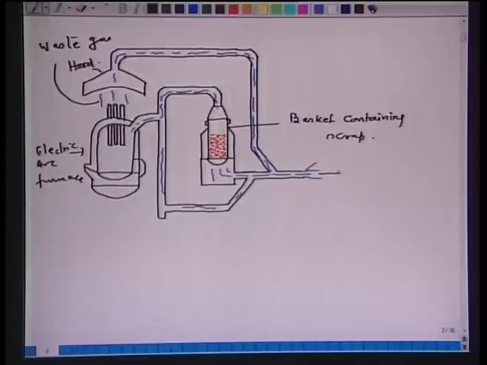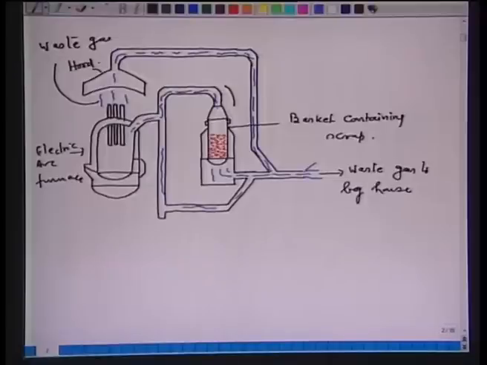So the waste gas goes to the bag house. Now, say a portion of the waste gas is diverted to this particular loop and it enters into the basket. In that residence time in which the scrap is in contact with the flowing waste gas, the scrap will be heated up and the rest of the gas is discharged into the bag house.